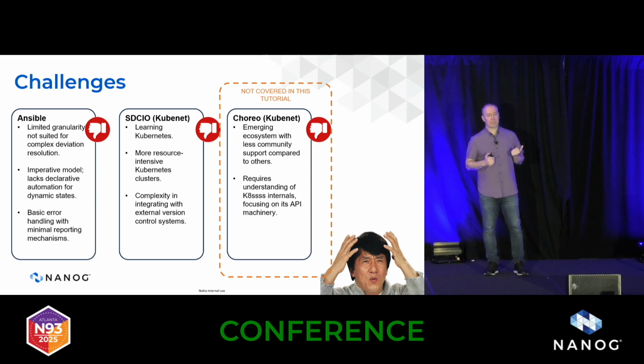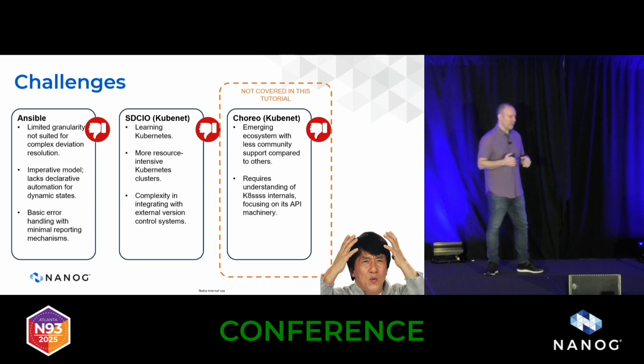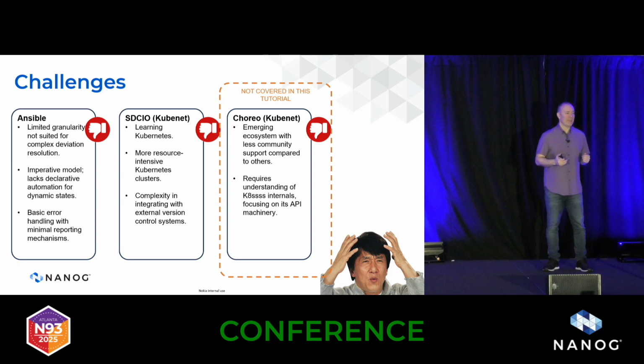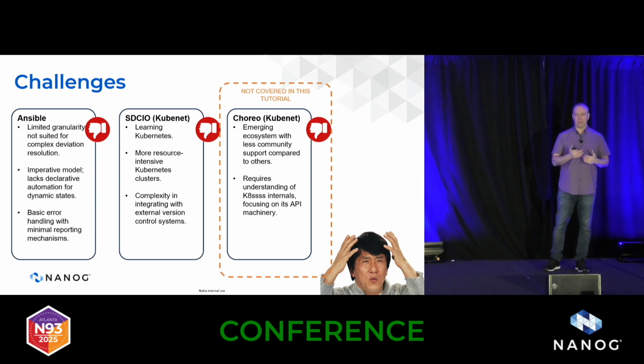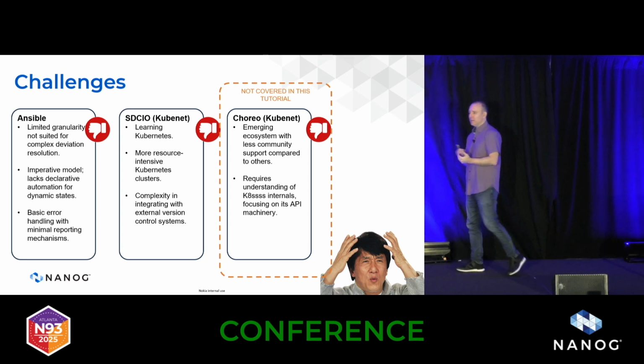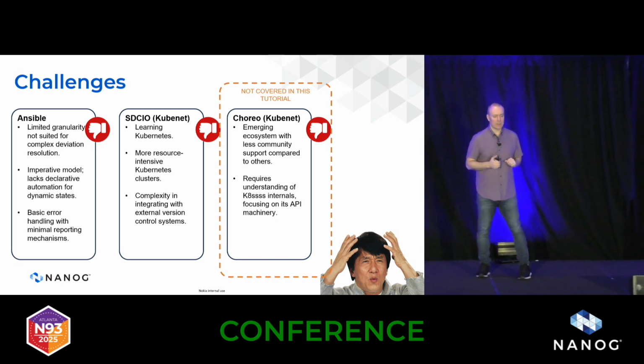SDCIO, I feel the big challenge is you need to know Kubernetes. And I think that could be a little challenging for many network professionals. It could be resource intensive because of the Kubernetes cluster, and it also has a lot of read operations to always keep the running state updated.